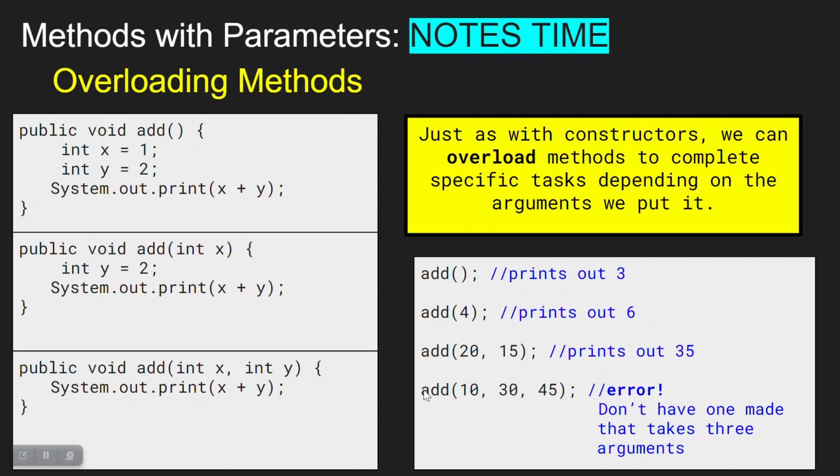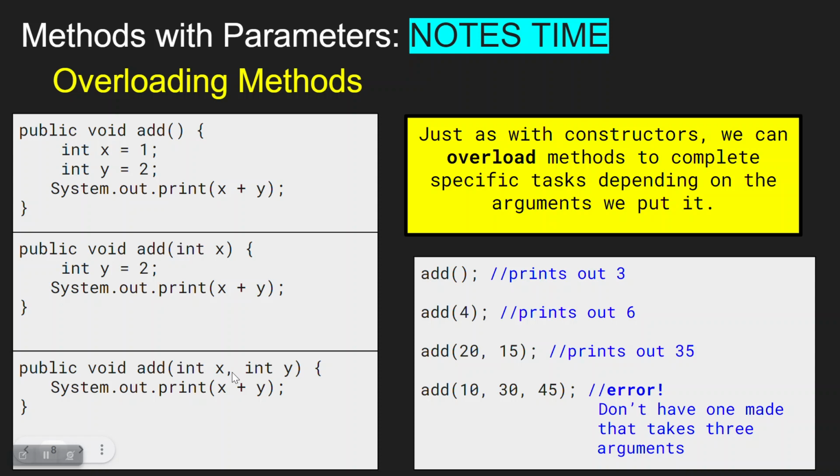And if I tried to call the add method with 3 arguments, that would create an error, because when you look over here, there are no versions of the add method where it has 3 formal parameters. So there you go. That one would just result in an error. So it's important that when you call a method, there is a version of the method where the data types and the order match up.